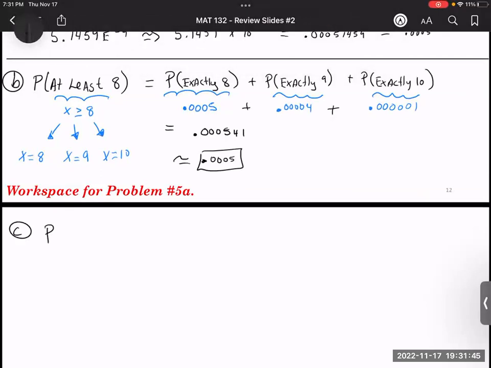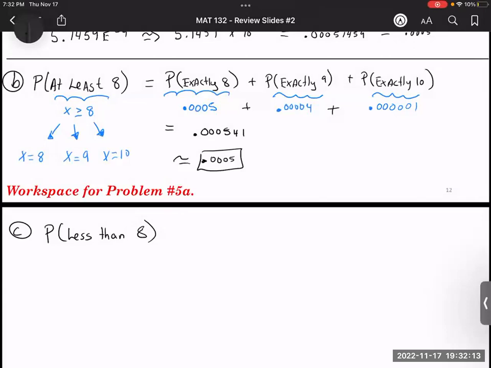So part C, we want to do the probability that it's less than 8. Okay. So again, is less than 8 going to be the same thing as exactly 8? No, it's smaller numbers now, right? Technically speaking, what number will we start at if we're less than 8? What's the very first number that should be less than 8?